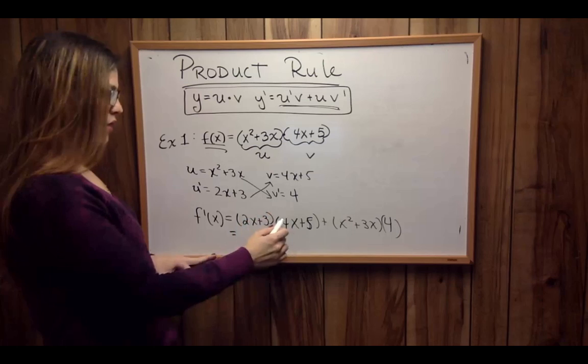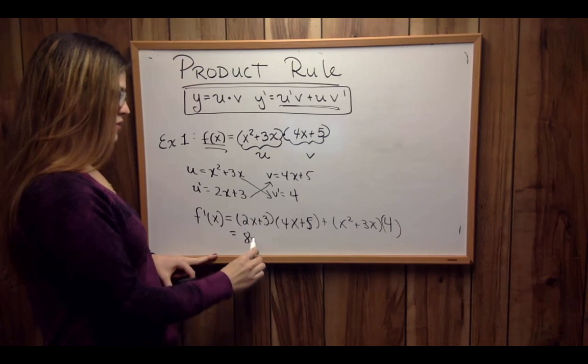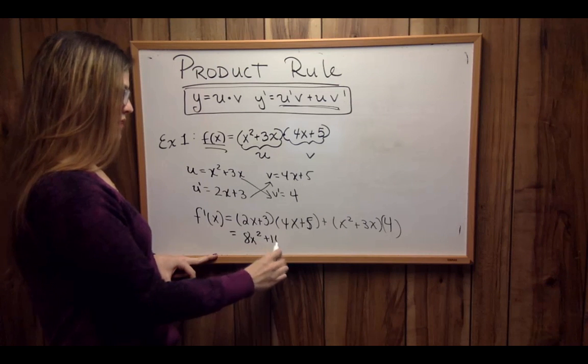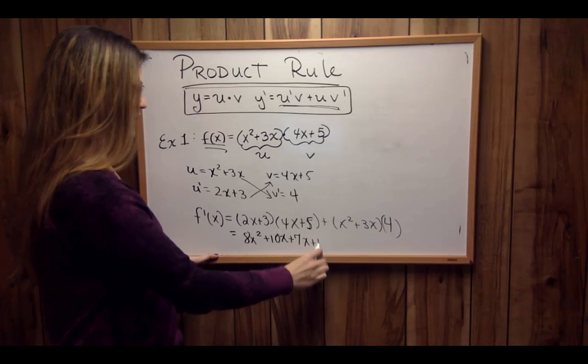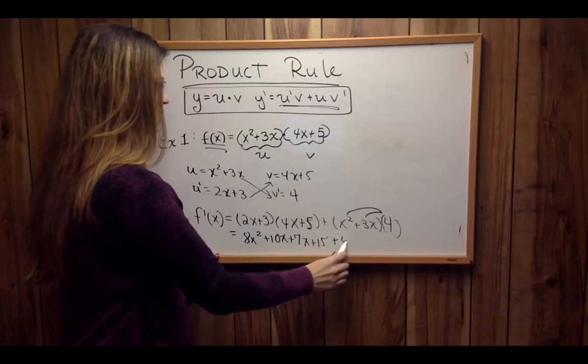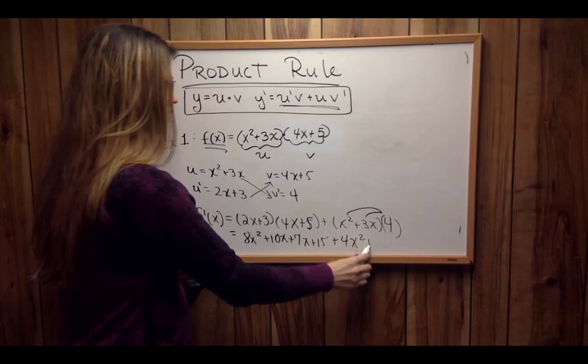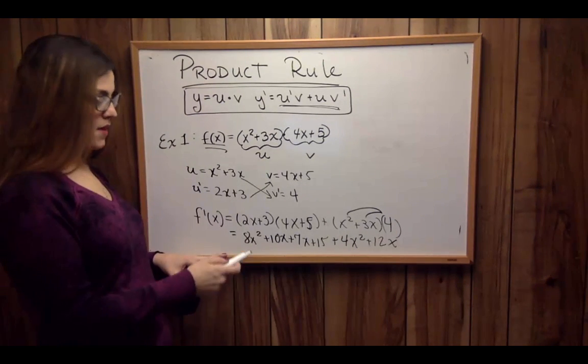So FOIL out the first two terms. We get 8x squared plus 10x plus 7x plus 15. And the 4 distributes to the two terms, 4x squared plus 12x. And then you look for common terms to combine.